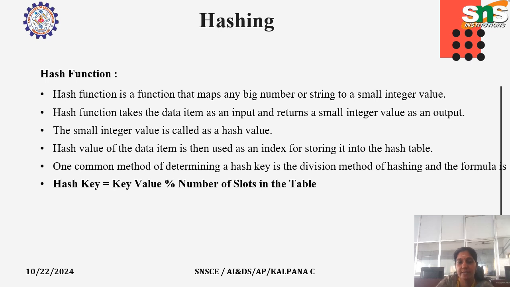Next is the hash function. A hash function is a function that maps any big number or string to a small integer value. This is the formula we use for hashing: hash key value is equal to key value modulo the number of slots in the table.